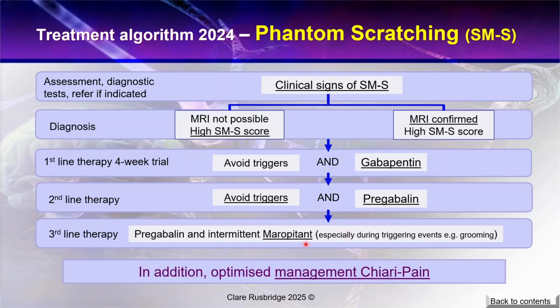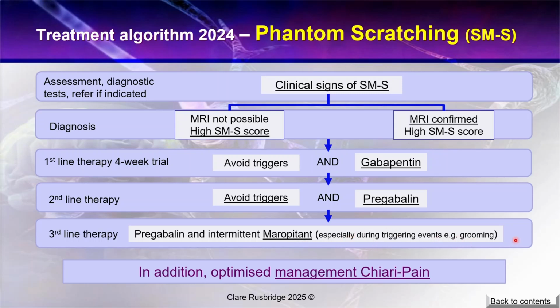Maropitant, which is a drug prescribed for vomiting under the trade name, often at least in the UK, Cerenia, can help. But maropitant builds up, it can't be given continuously, and also seems to stop working for continuous management. So we often try to use it on bad days, and especially during triggering events.